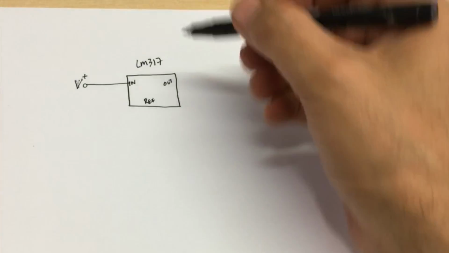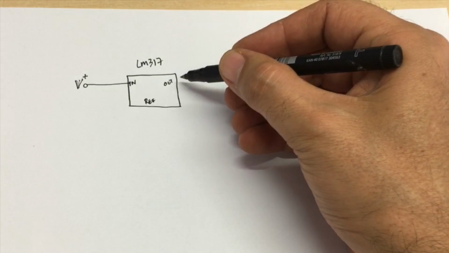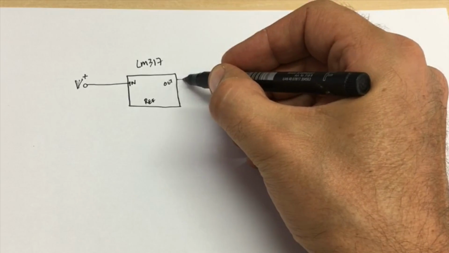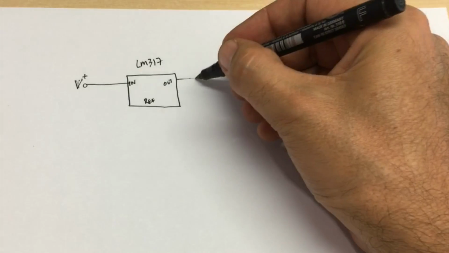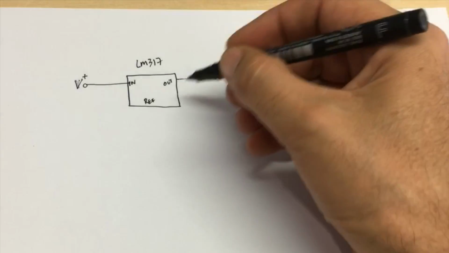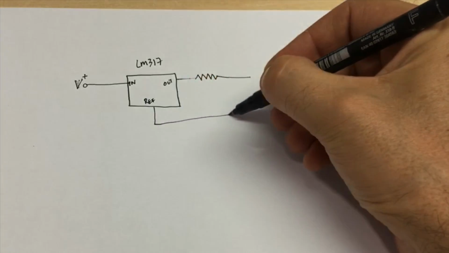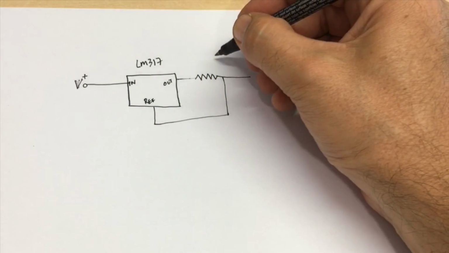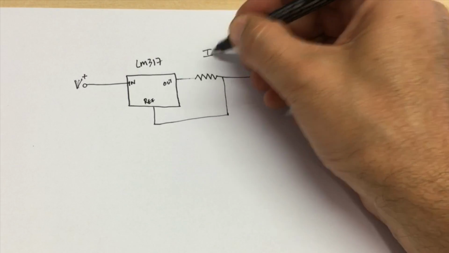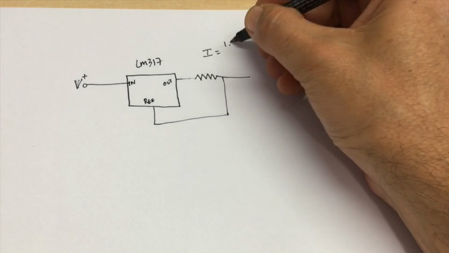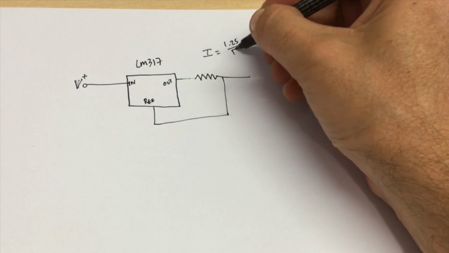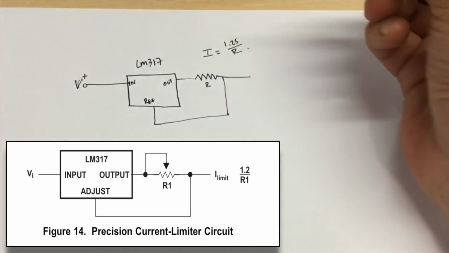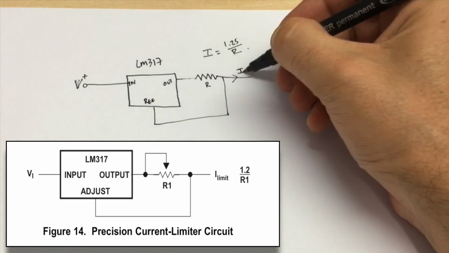The way you can turn this into a constant current source is by putting a resistor here and connecting the reference to that. And the way this works, your constant current I equals 1.25 divided by R. This is R over here. This is your I over here.